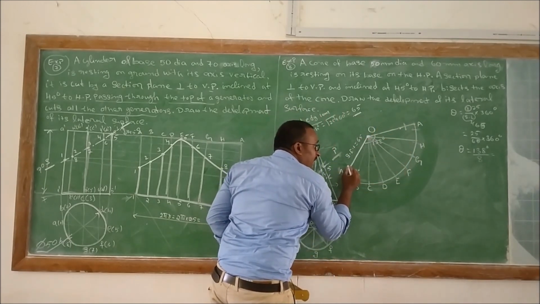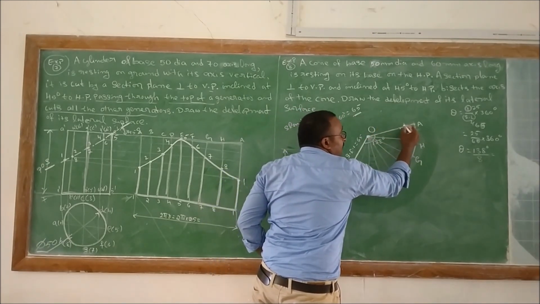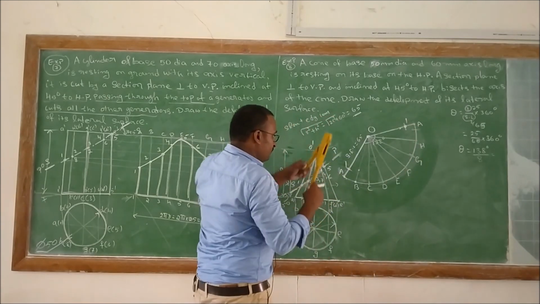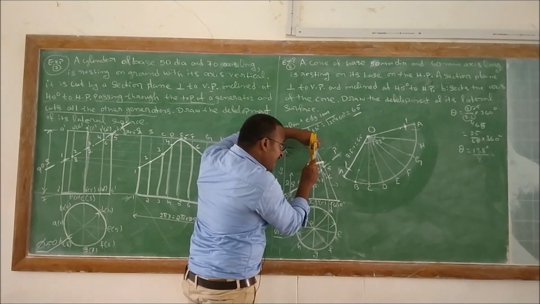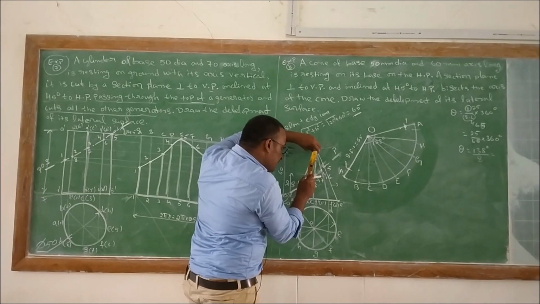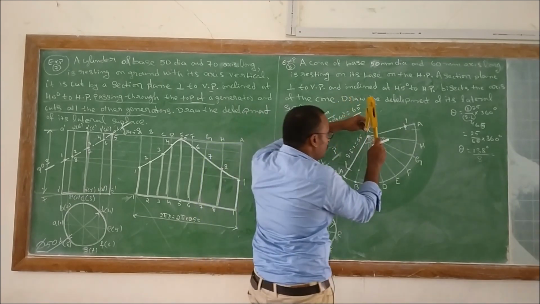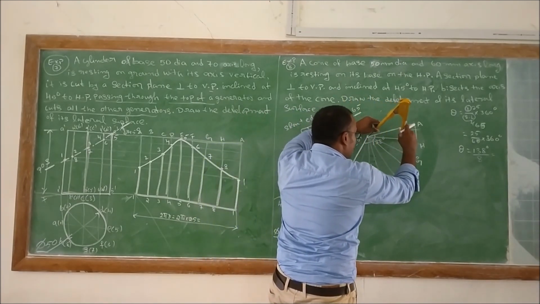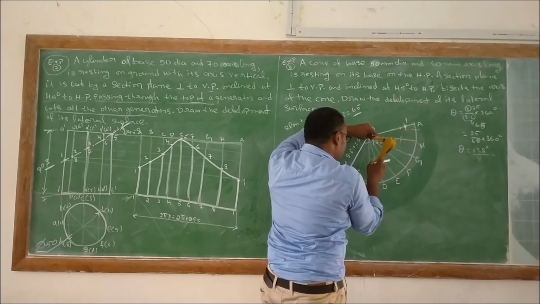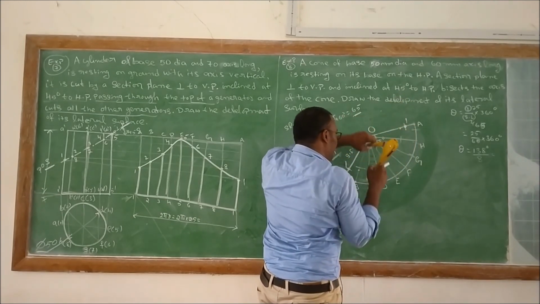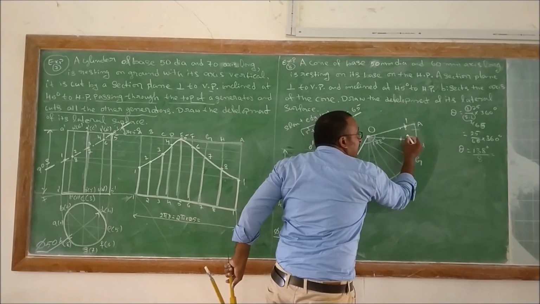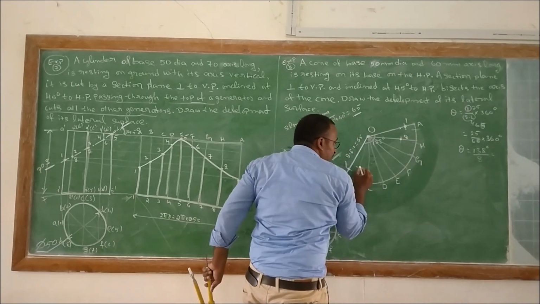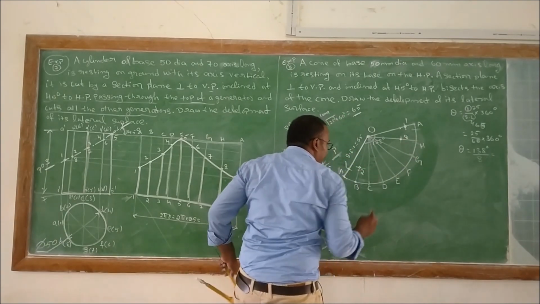Then here we will have the 1 point. Then take O dash 2 as radius, that is 2 and 8. So on 8 and 2 we will get the points. Here it is the 8 point and here it is the 2 point.